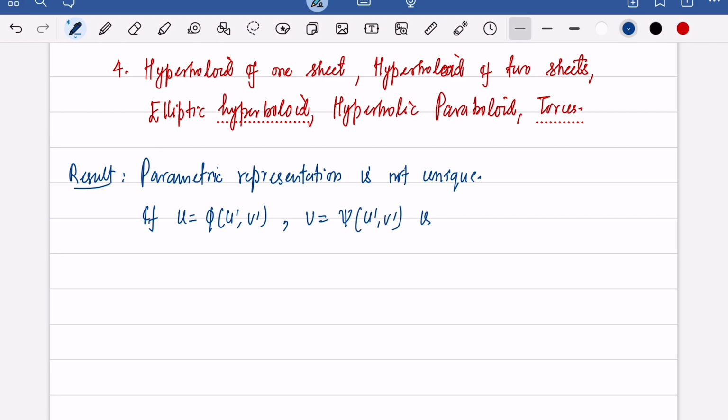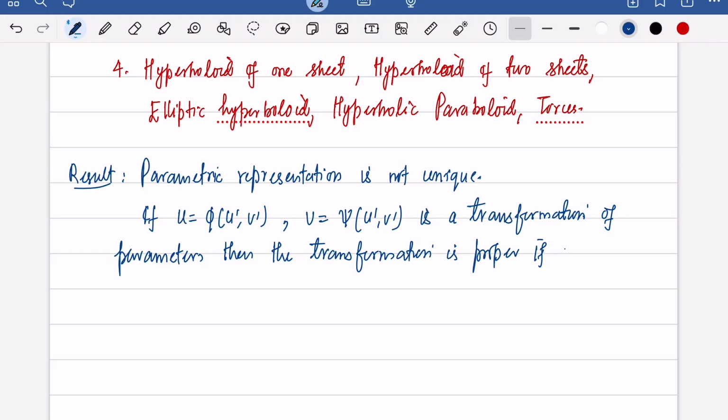This transformation of parameters is called proper if the Jacobian of phi comma psi is not equal to 0. By Jacobian we mean a 2 cross 2 determinant whose first row is the derivative of phi with respect to u dash and v dash, and whose second row is the derivative of psi with respect to u dash and v dash.